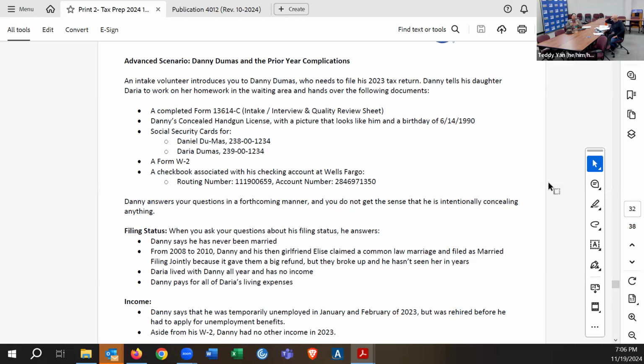You will see, for instance, prior year returns. Generally speaking, the site coordinators will try to ensure that prior year returns get sent to volunteers who were around for that prior year. Technically, if you are certified in 2024, then you are also certified to go back into 2023 and 2022 and 2021.